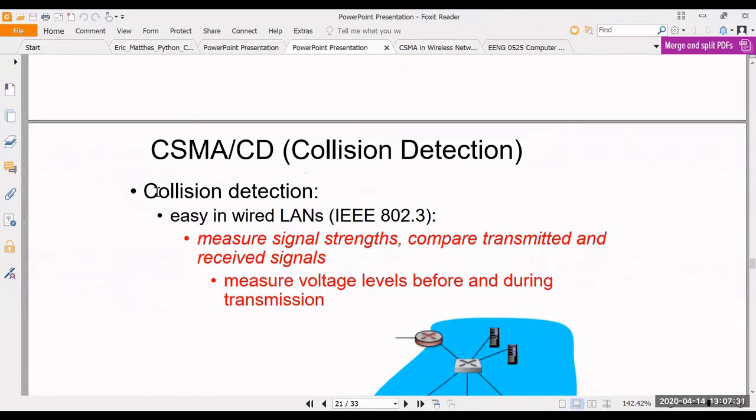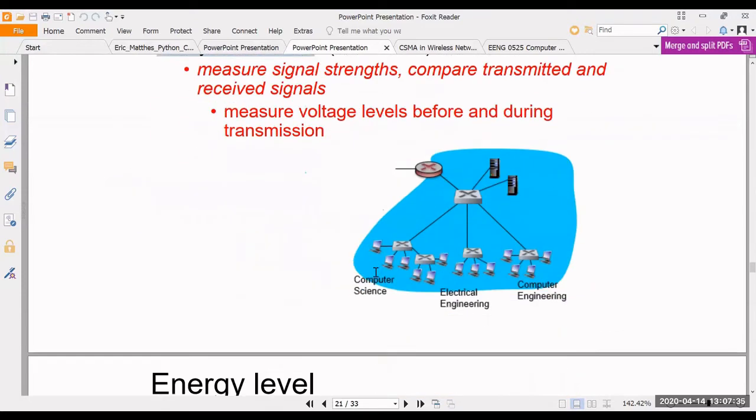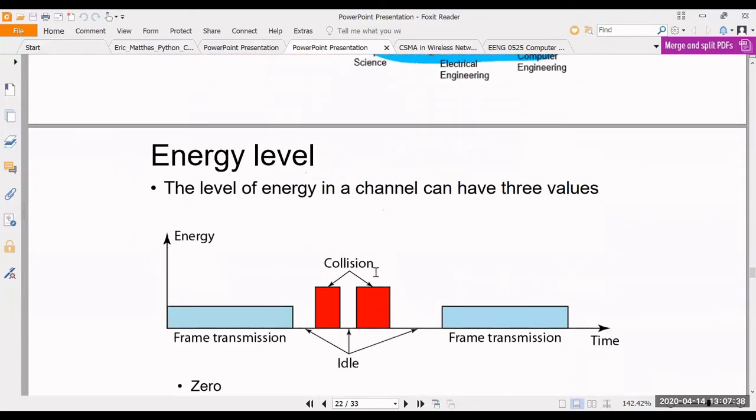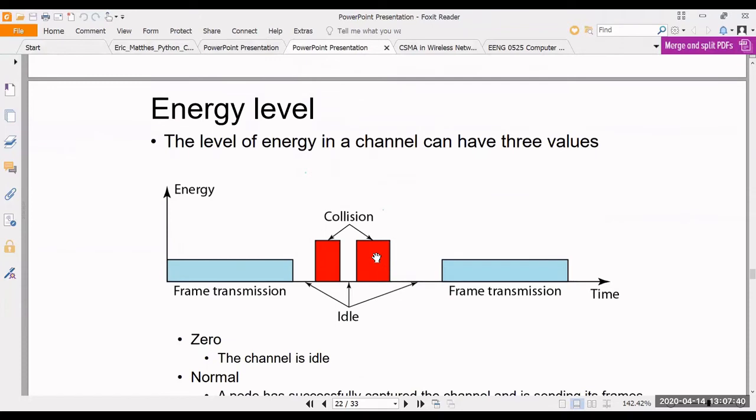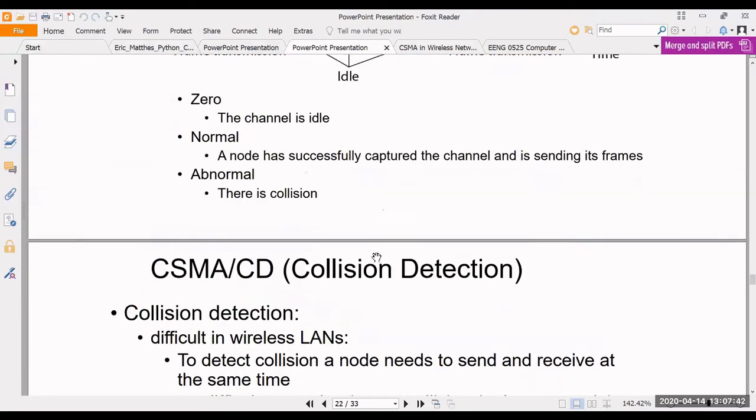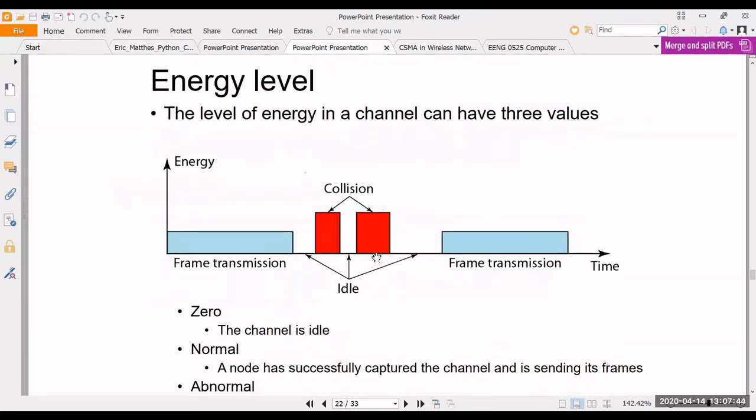As I've said already, collision detection is used in wired LANs, IEEE 802 standards, wired transmission. For any wired medium, what we have during transmission on the line is voltage levels. That is what is used to determine whether there is a frame on the line or not.